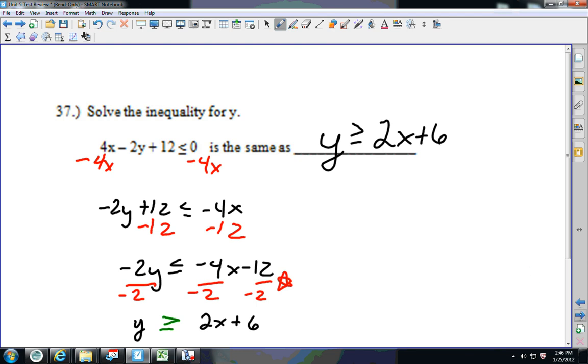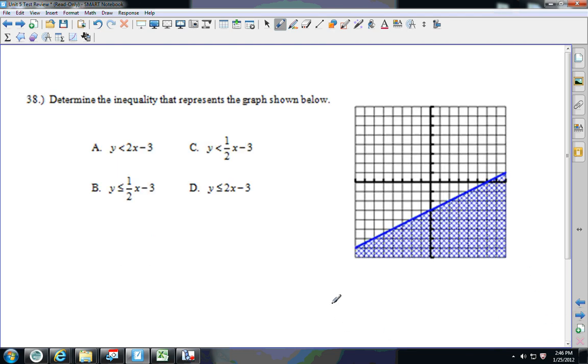Next one. Okay, it wants us to determine the inequality that's shaded below, or over there to the right. Well, first off, I know that A and C cannot be an answer. Why is that? Well, A and C, they don't have the equal to bar. See, this is a solid line, so it's got to have the equal to bar like these two right here.